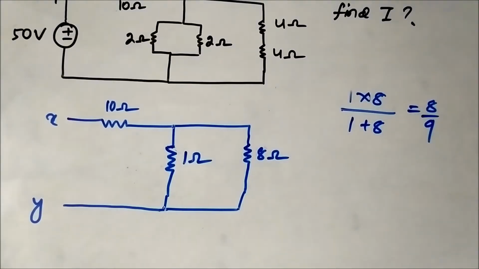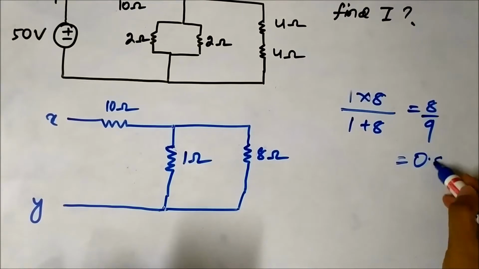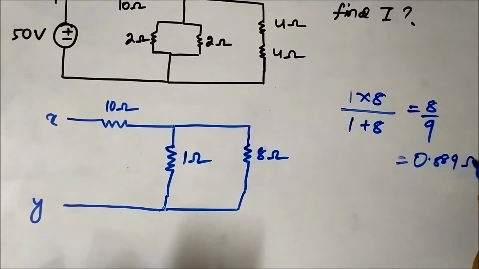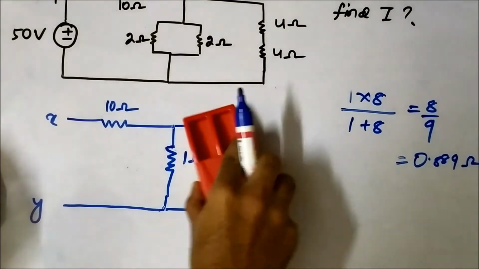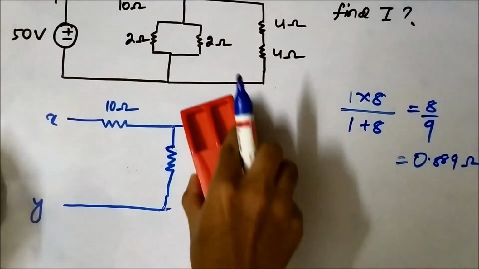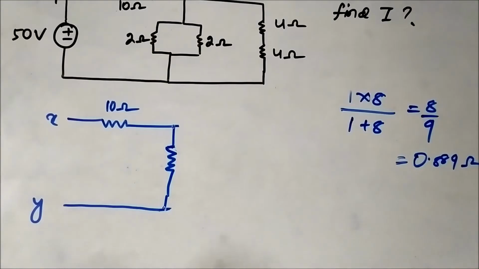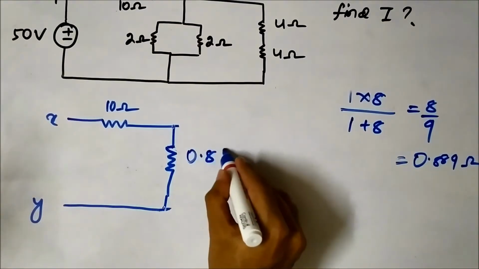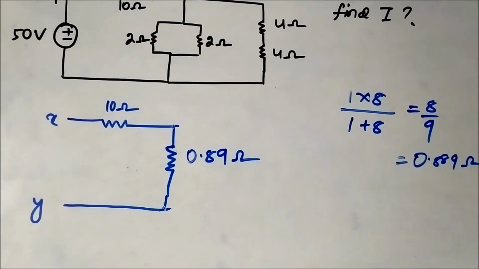Let us convert it into decimal form. 8 divided by 9 is 0.889, so that is the equivalent resistance, about 0.89 ohm. Now the 10 ohm and 0.89 ohm are in series connection.